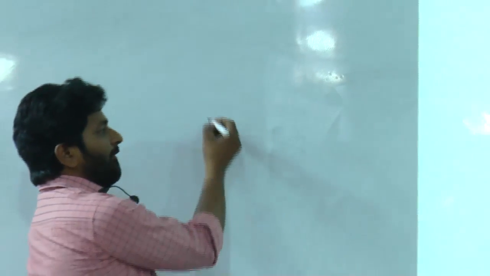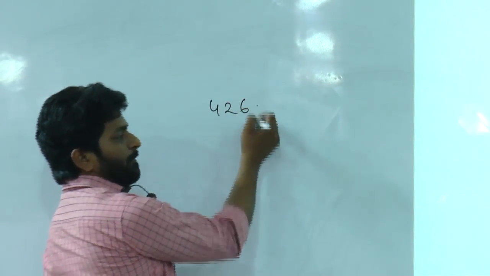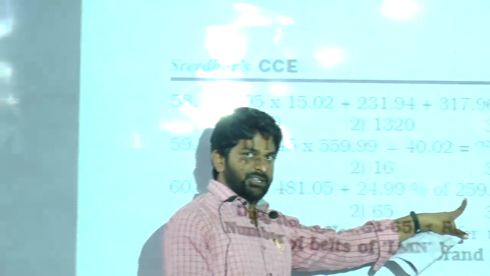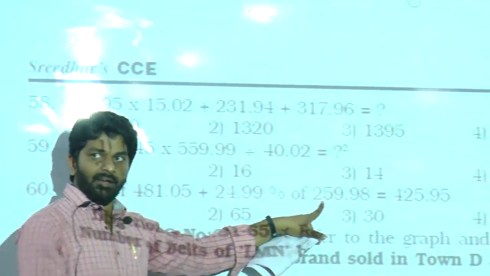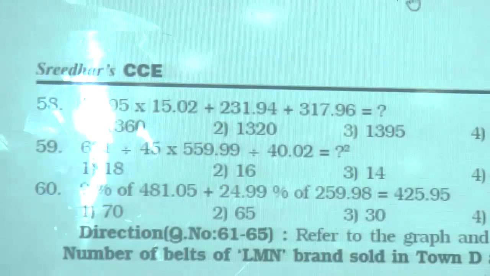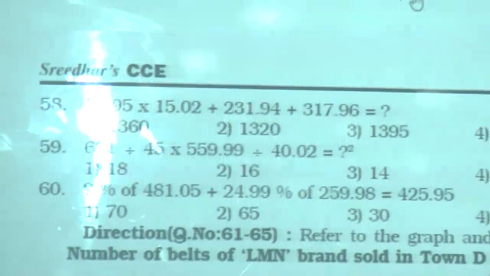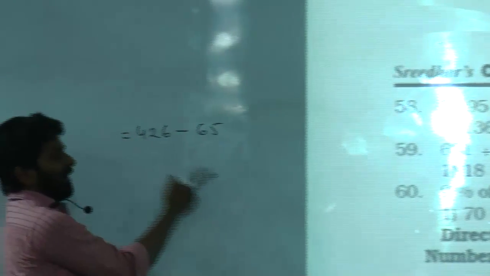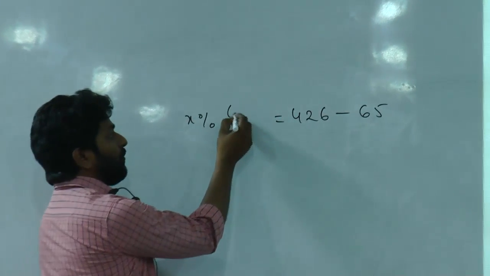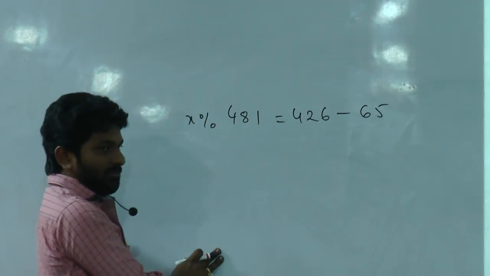Next, right hand side we have 426. Take this value to right hand side, this becomes minus. This is 25% of 260. 260, 25% is half, again half. Half of 260 is 130. Again half, 65. Subtract 65 from this number, and that will be X percent of 481.